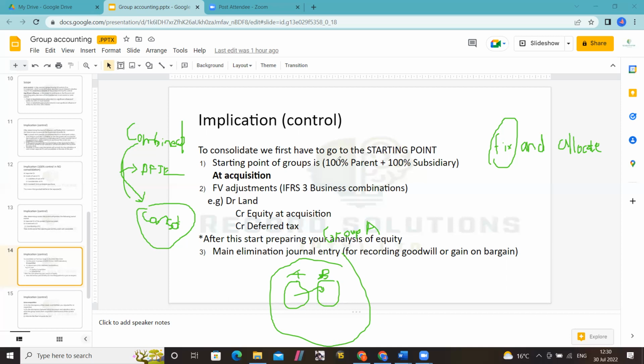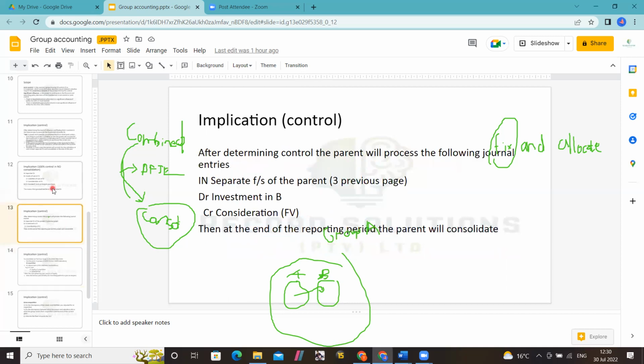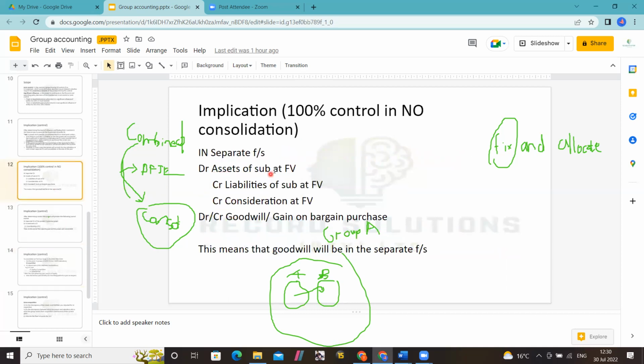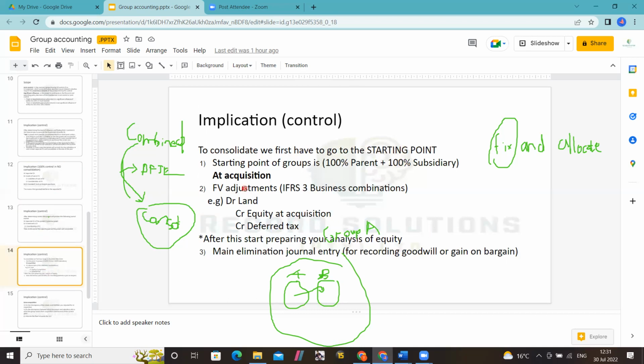Before I move on, I just want to go back here. Remember I said these assets and liabilities have to be at fair value. Now, you do realize that the subsidiary will not record all of its assets and liabilities at fair value, because there are different models.